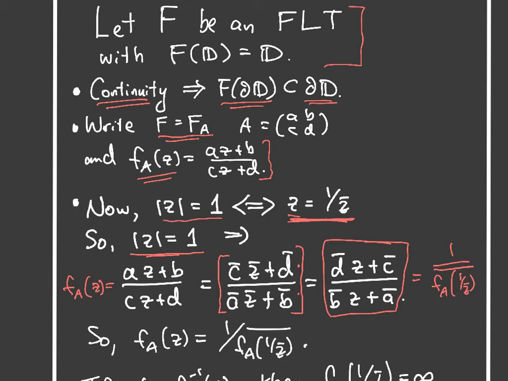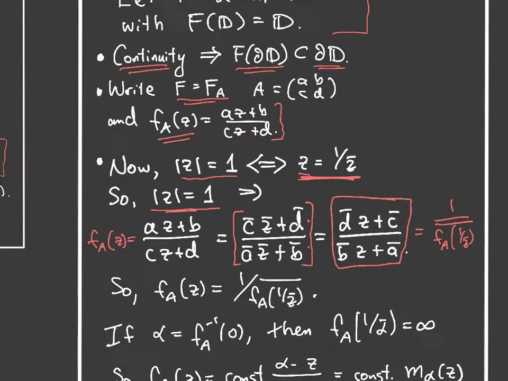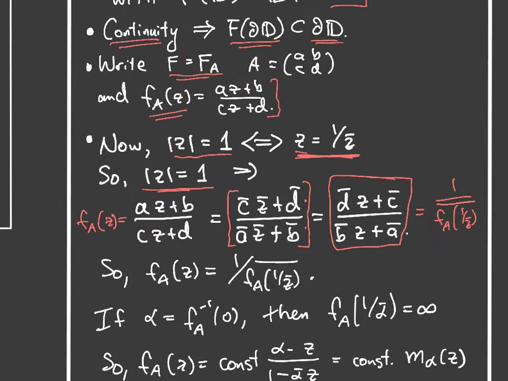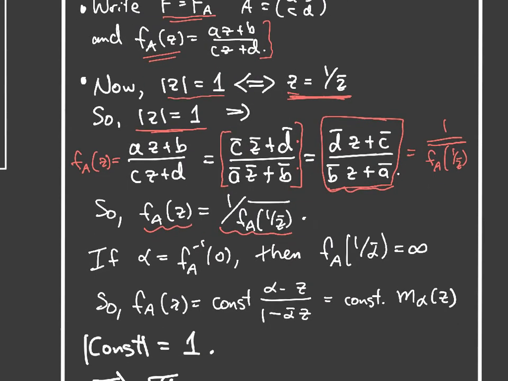And this holds on the unit circle, which is more than 3 points, so it has to hold everywhere. And this is also an FLT, so f is equal to 1 over the conjugate of f of 1 over z bar, so it has this reflection property. We only need this just for 1 point.